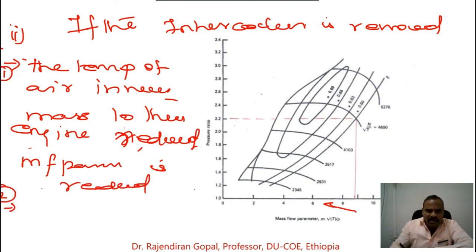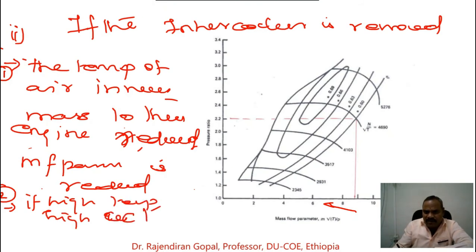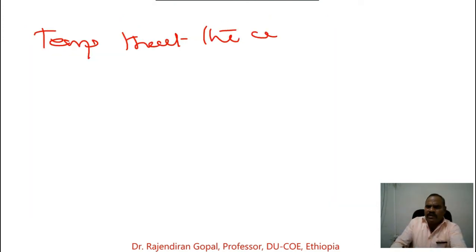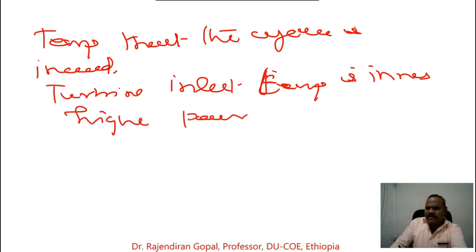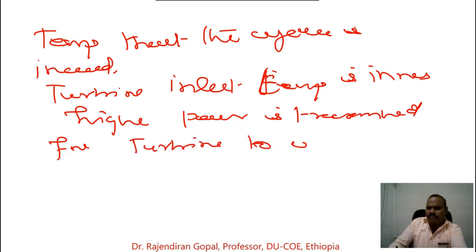Second, if there is a high inlet temperature to the engine, then there is a higher combustion chamber temperature, so the temperature throughout the cycle is increased, the turbine inlet temperature is increased, so higher power is transmitted from turbine to compressor, so the pressure ratio is increased.